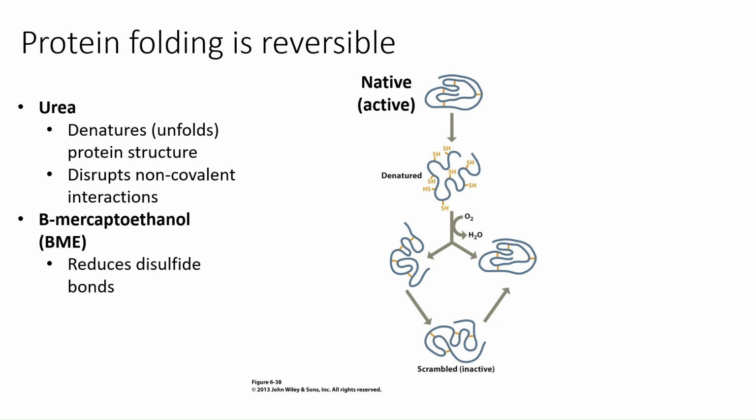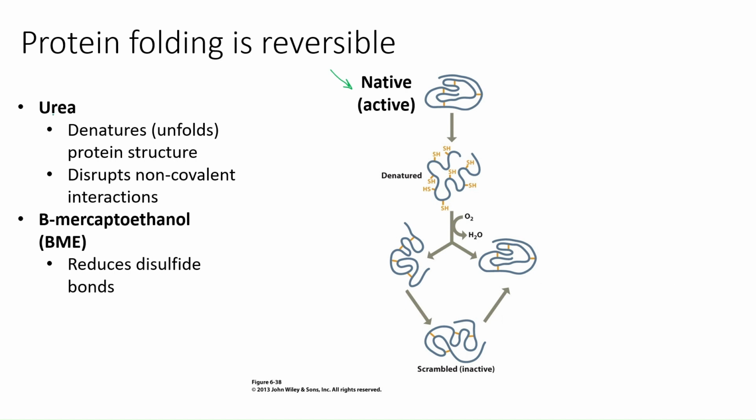So something to keep in mind with protein folding is that it is reversible, and this is a technique that we sometimes use in the lab. When you have a native protein, as shown in this diagram, that has the correct conformation, it's active, it can perform a function, it will have a particular shape made of secondary and tertiary structure, and that shape is mostly held together by non-covalent interactions, like hydrogen bonds and hydrophobic interactions.